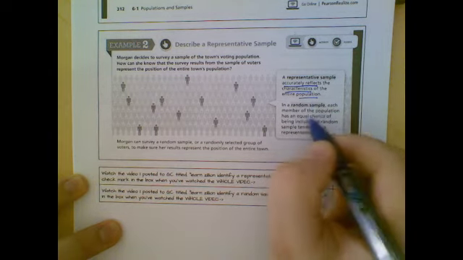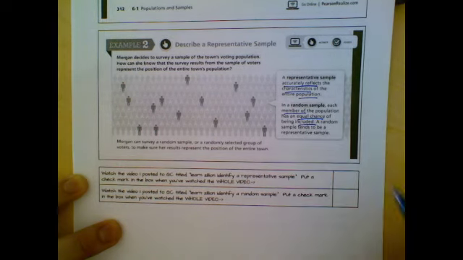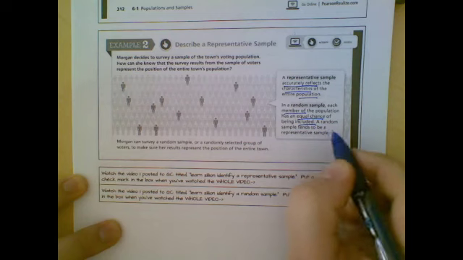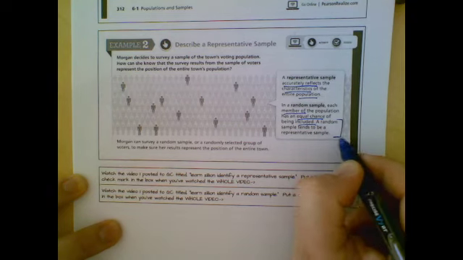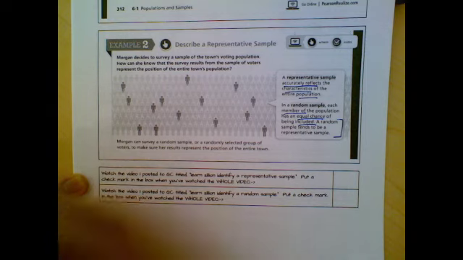In a random sample, every member has an equal chance of being included. A lot of times, random samples also tend to be representative, but they're not necessarily the same thing. In a random sample, it means that everyone in the population has the same chance of being picked. You also want to make sure that your sample is representative.